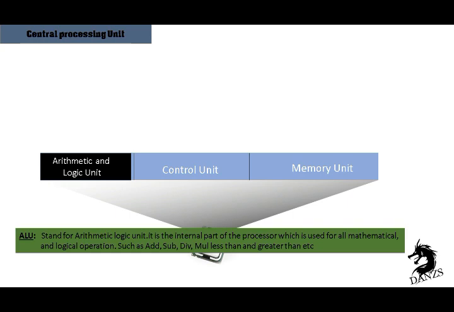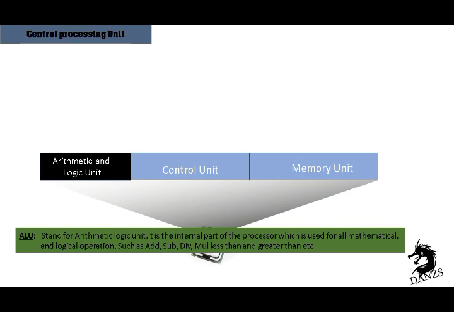So let us see. ALU stands for arithmetic logic unit. It is the internal part of the processor, that is CPU. ALU is the internal part of what? CPU, which is used for all mathematical and logical operations, such as what?